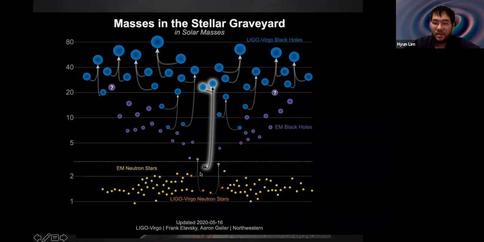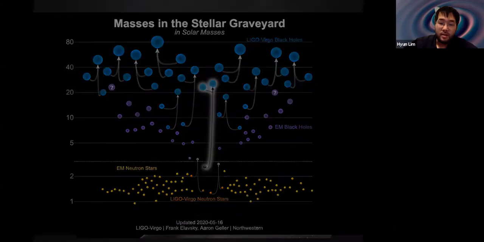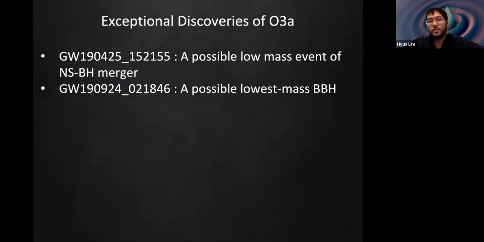That's one interesting aspect. Now we know that something exists in this mass range. We want to understand its nature: is it what we call a hypermassive neutron star, or some other tiny black hole? That's another exciting thing to see.